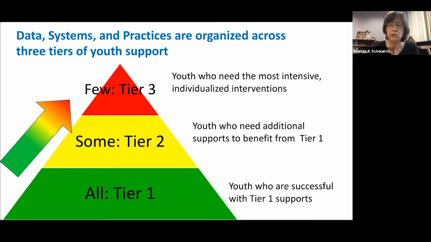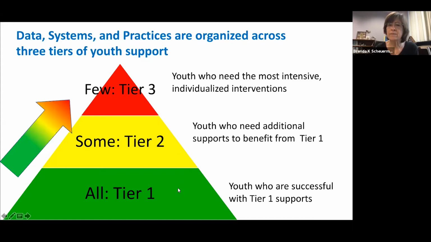And I suppose to a certain extent that is true, especially if you're comparing the youth that we serve in alternative programs to youth in typical settings. However, even in the most restrictive, most alternative of alternative settings, we find that the tiered approach is still valid.